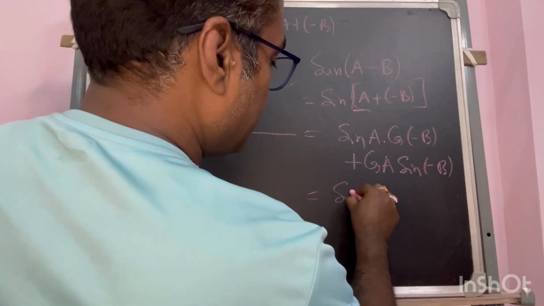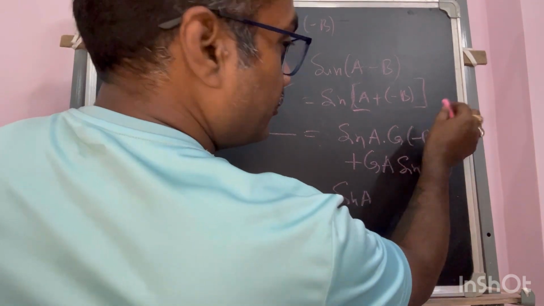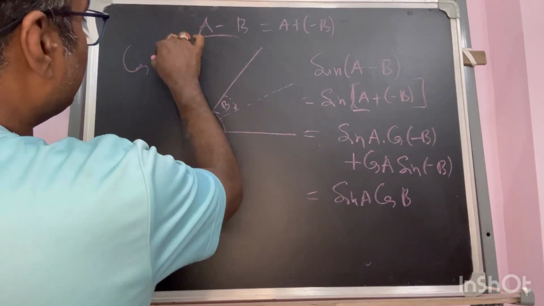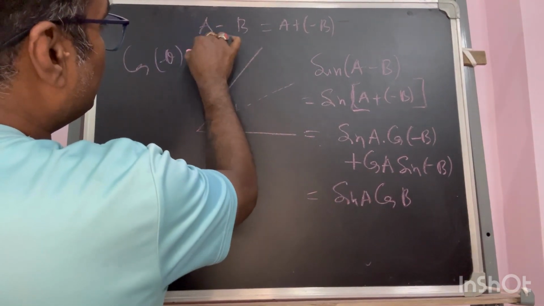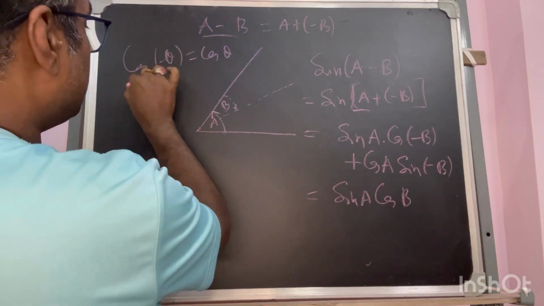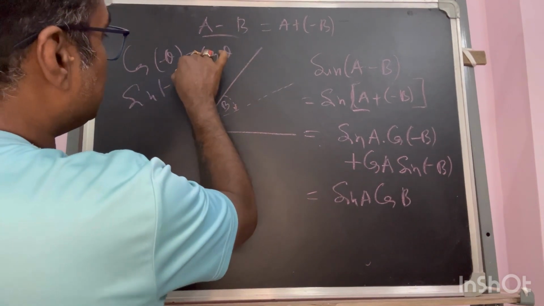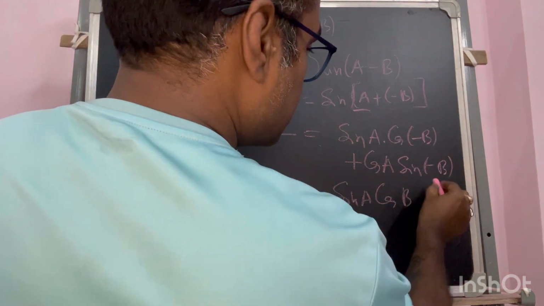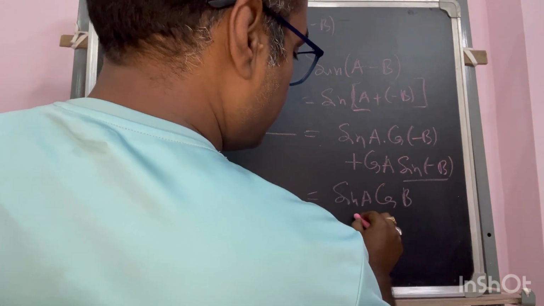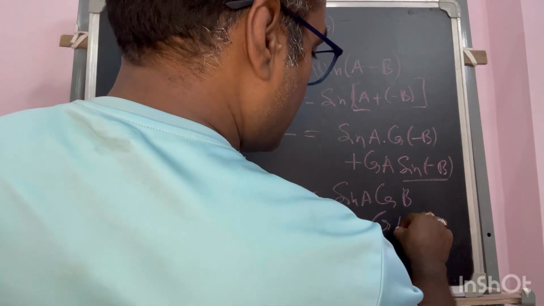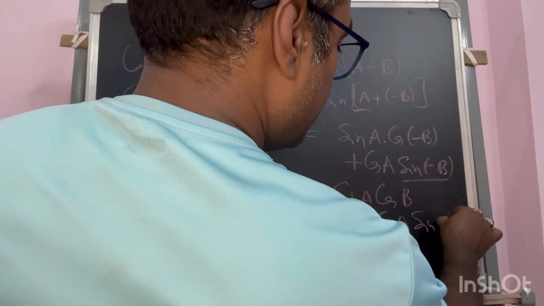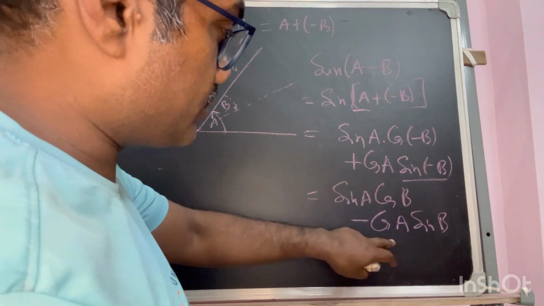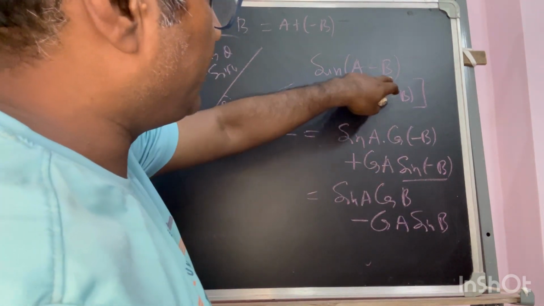Sin a, cos of minus b is cos b, because cos of minus theta is cos theta, and sin of minus theta is equal to minus sin theta, as I just learned. So the minus will carry over there, so cos a sin b. Ultimately your formula will be sin a cos b minus cos a sin b for sin of a minus b.